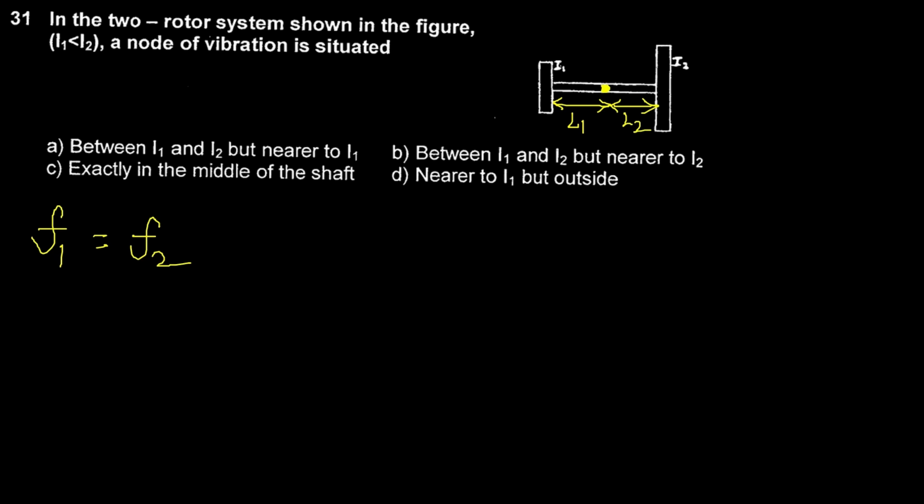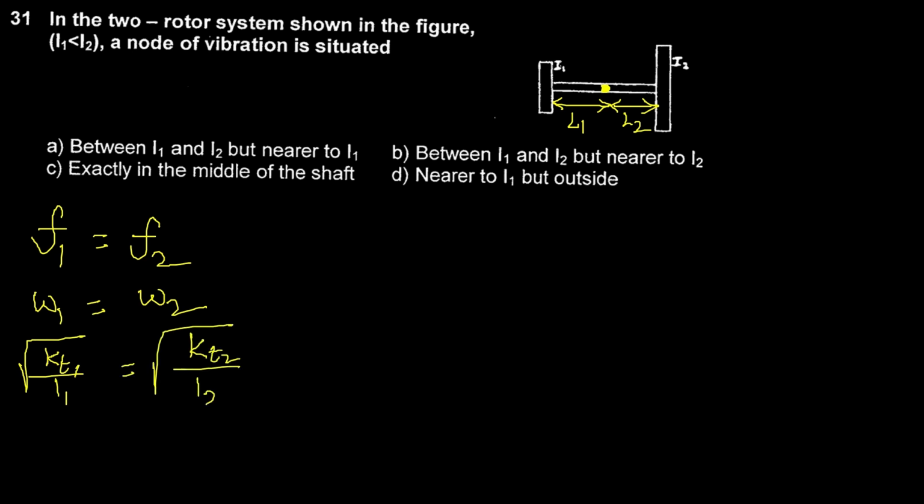We know f1 equals f2, which yields omega 1 equals omega 2. For the rotor systems, we have omega as square root of Kt1 by I1 equals square root of Kt2 by I2.